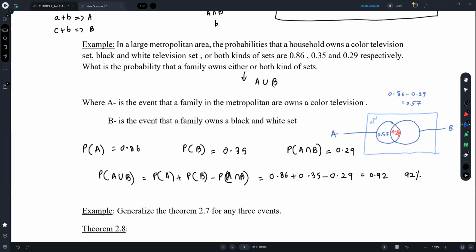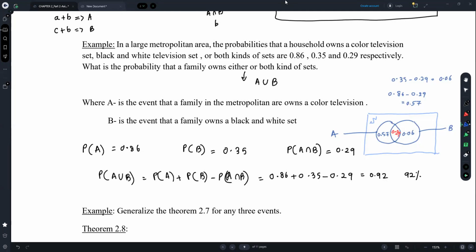So 0.57 plus 0.29, the whole circle, 0.86. Then for B, the whole circle is 0.35. Out of 0.35, 0.29 is already there. So you have to subtract that 0.29. That is the value, 0.06.